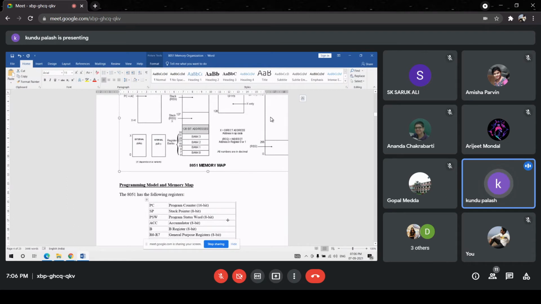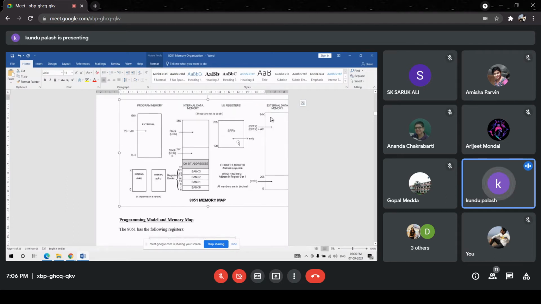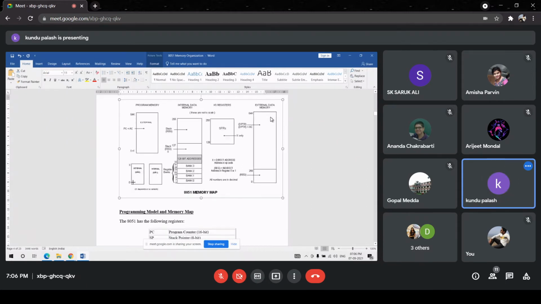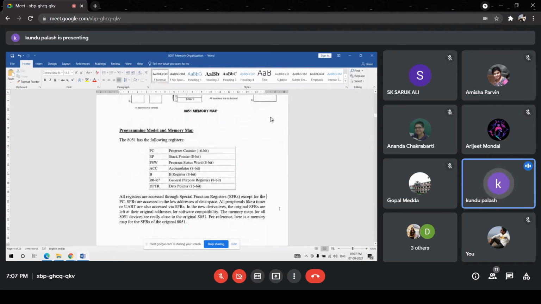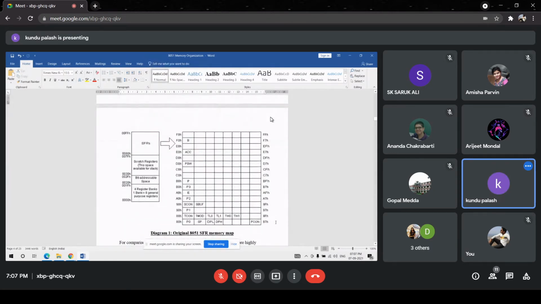What is a special function register? Or what are the names which belong to this category, special function register? That you have to understand. So what is that? From this diagram, it will be clear. What are the peripherals? Additional peripherals that can be associated with the 8051 architecture.